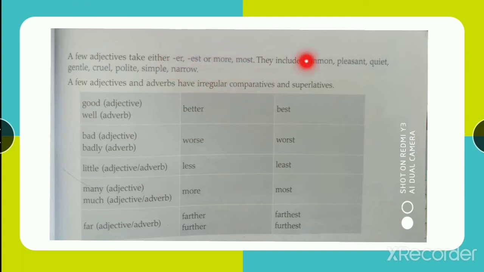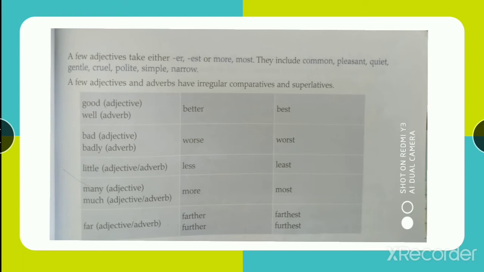They include common, pleasant, quiet, gentle, cruel, polite, simple, narrow. Okay, so these are some words which add more or most, or even er or est. You can use simpler, more simple, most simple. Okay, so there are words which you can use with er, est or more or most. We use the most common one.